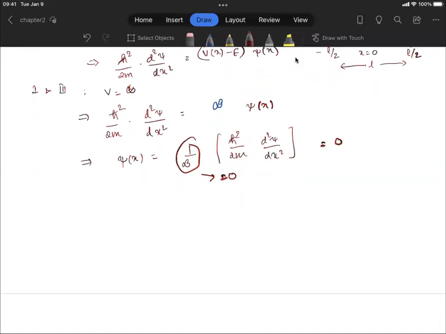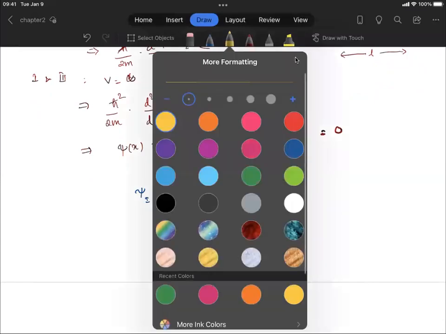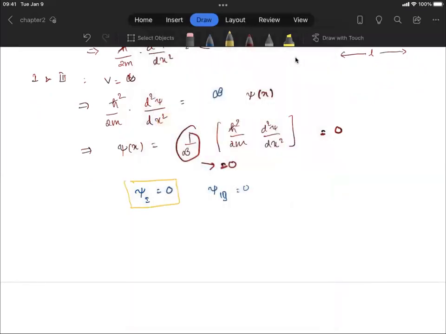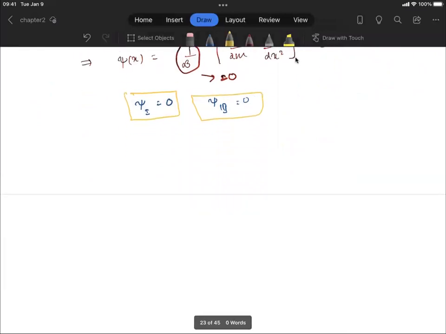And 0 multiplied by anything else is 0, so that gives us that the wave function in region 1 is 0 and the wave function in region 3 is 0. These are both the regions outside the box where the potential is infinite. There you're not going to see your wave function. So we're clear on this part, right?